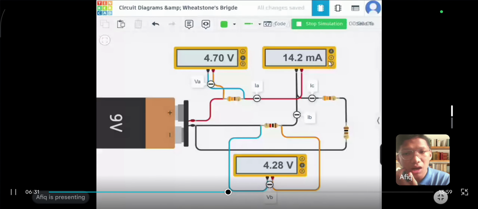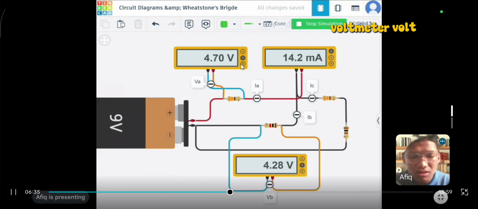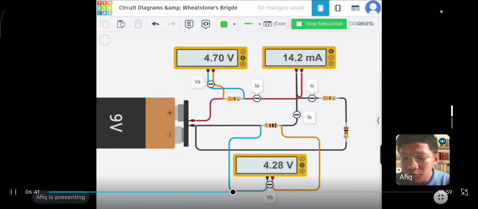Voltmeter A reads 4.7 volt, and voltmeter B shows 4.28 volt. Okay, and the value is spot on with the calculation, the difference between them is 0.01.